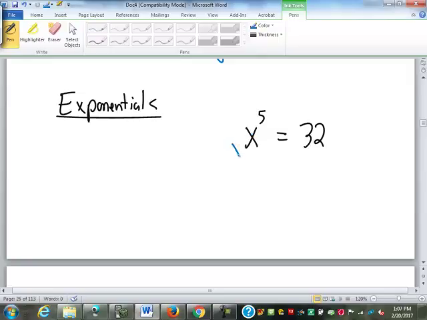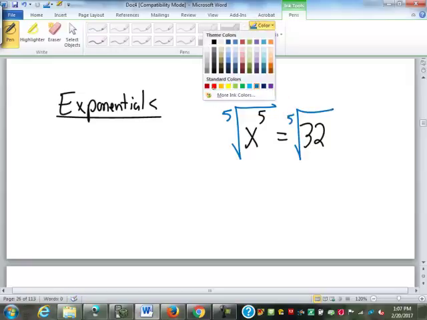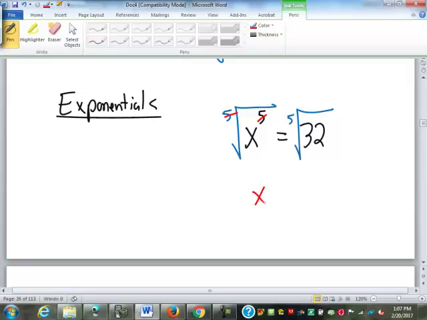Not square root, but fifth root. So the fifth root and the power of 5 cancel out. We get x. The fifth root of 32 is 2.